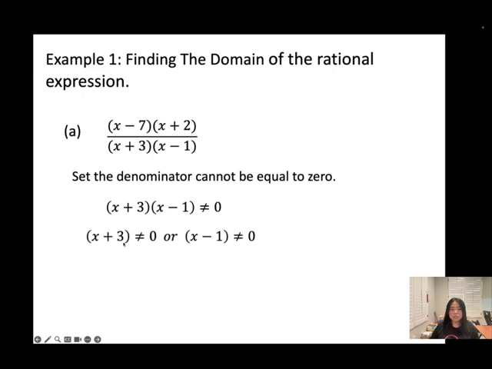So either x plus 3 is not equal to 0 or x minus 1 cannot be equal to 0. So x cannot be equal to negative 3, and x cannot be equal to 1. I write it in set builder notation: the set of all x such that x cannot be equal to negative 3 or 1. So this is the domain.